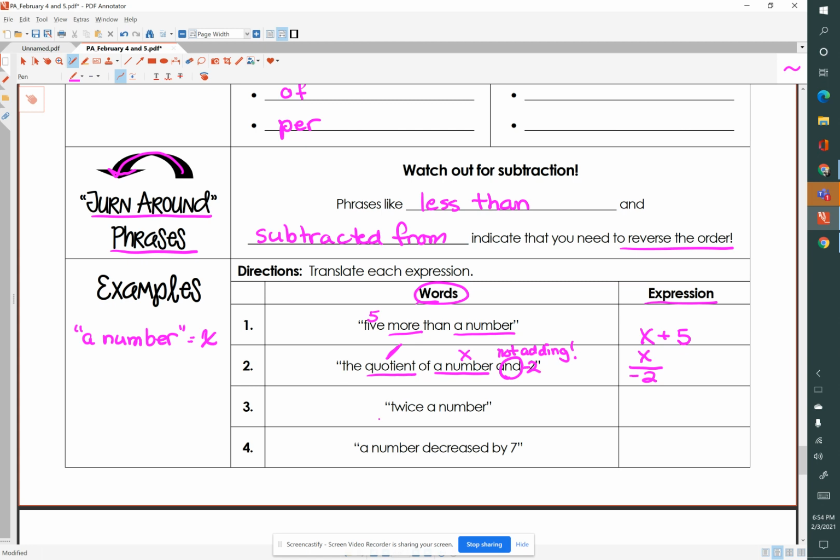Now, number 3, twice a number. This is multiplication. So twice is 2 times a number, and we're using the variable x, so that would be 2x. And a number decreased by 7. X is the number. If it's decreased by 7, it is x minus 7.